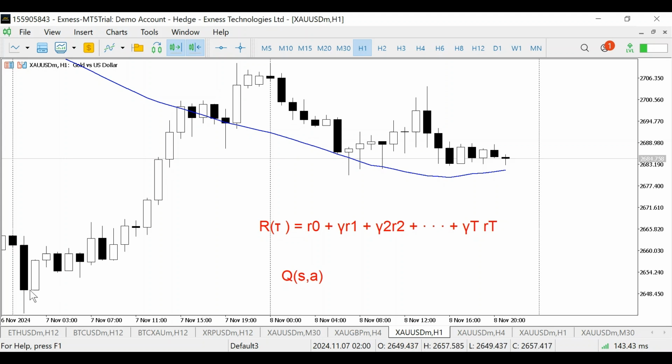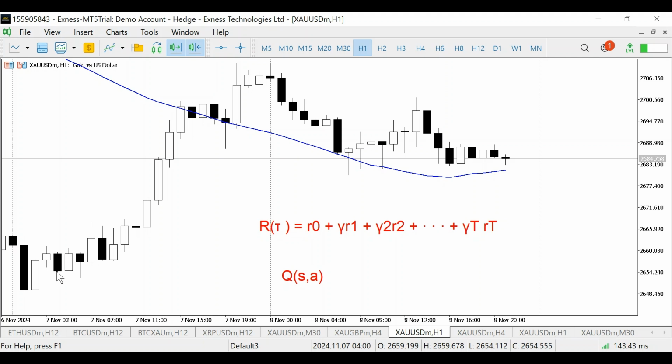Take the example of this trade. This is the open, right? R1 was 0 in this case. R0, we start with R0. R1 is this one, the difference between open and close. R2 is this one, the difference between open and close.